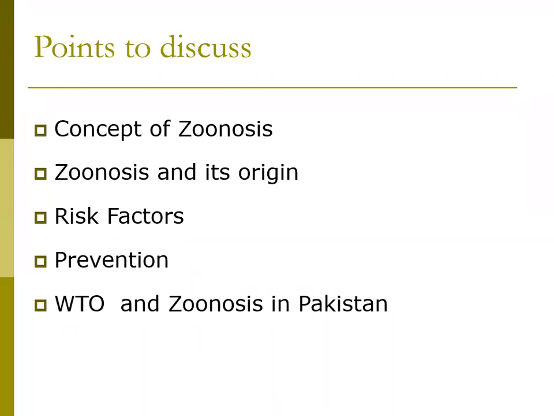So how can we prevent these diseases from spreading from vertebrate animals to human beings? First of all, if you have pets, you have to keep your pet away from stray dogs, because stray dogs are also a reservoir for most of the diseases which are zoonotic in nature. Secondly, vaccination of the animals is very important.